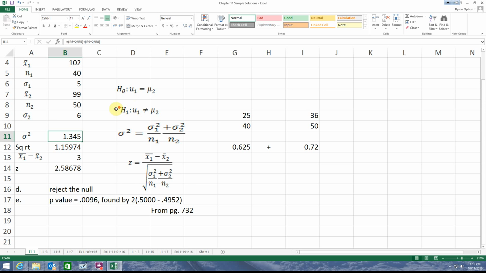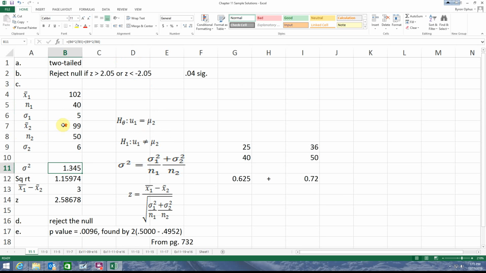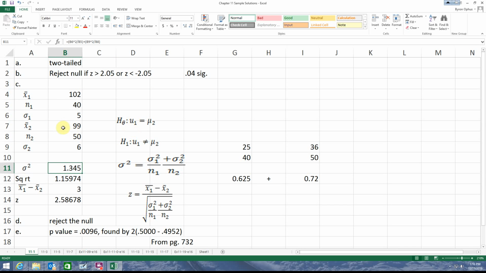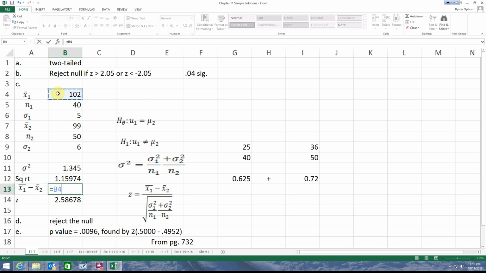Now I want to calculate the actual z value, the calculated z value, to compare it to my test z value. So I've got the mean of 1 minus the mean of 2. The mean of 1 is 102 minus the mean of 2 is 99, so I get 3.